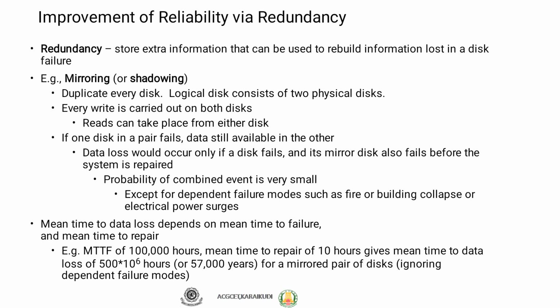Thus, even if a disk fails, data are not lost. The simplest approach to introduce redundancy is to duplicate every disk, but it is most expensive. This technique is called mirroring or shadowing.